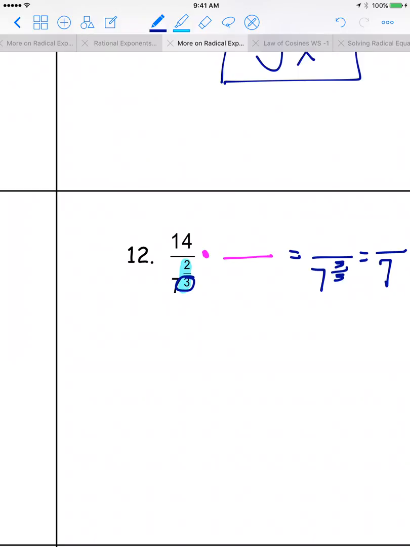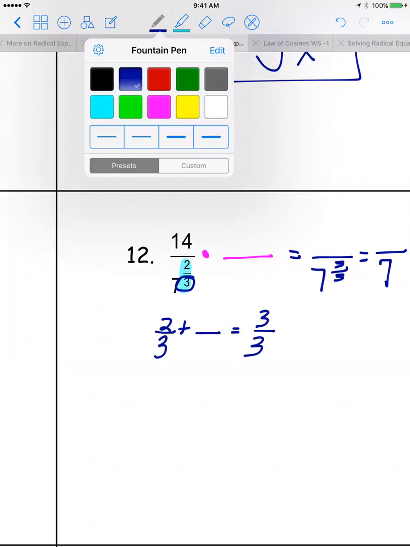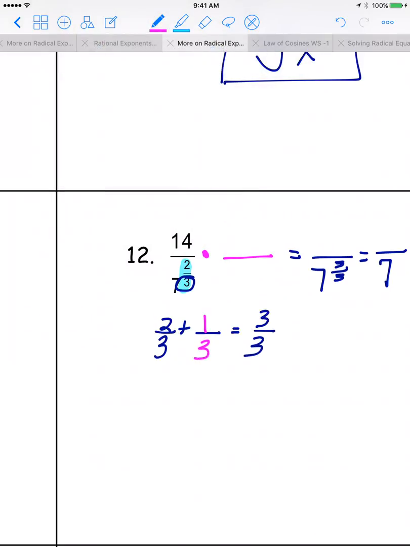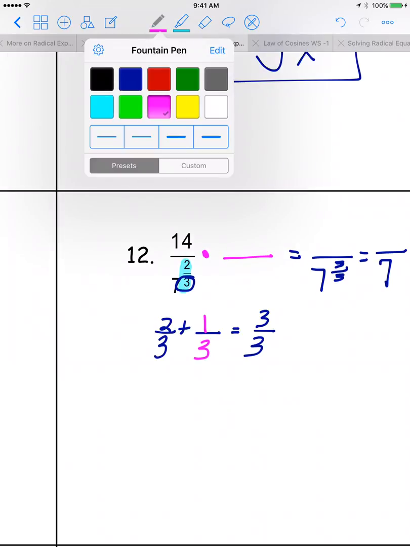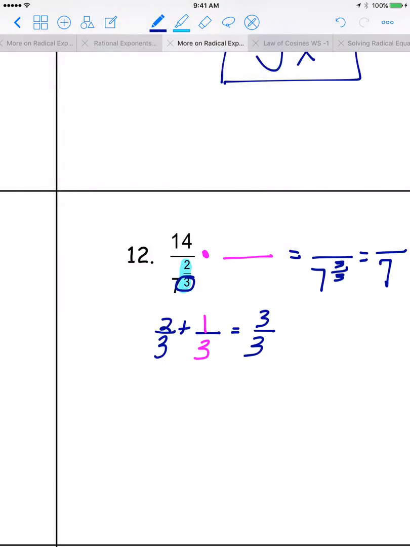Well, because you have 2/3, so 2/3 plus what is going to give us 3/3? Well, hopefully everybody would tell me 1/3 plus 2/3 is going to give me 3/3. So I need to multiply my denominator by 7 to the 1/3. What we do to the denominator, we must also do to the numerator.